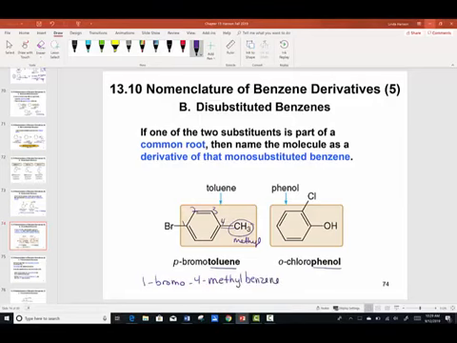But in your head you go, wait, that's one of these that I had to memorize as having a different backbone name. We have to remember that a methylbenzene has to be labeled as a toluene. So when I call this para-bromotoluene, I understand that toluene is the methylbenzene. The para position is also denoted with the 1,4 position.